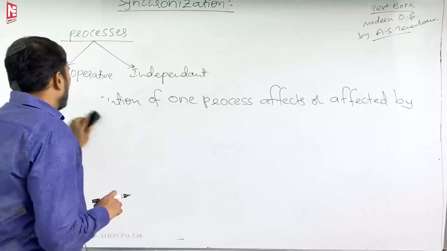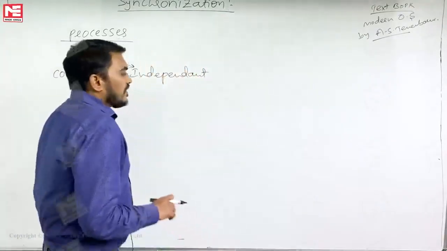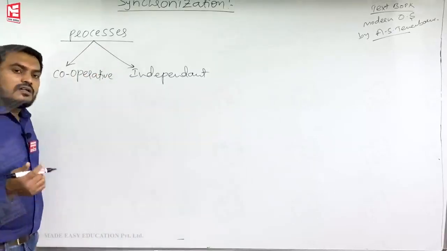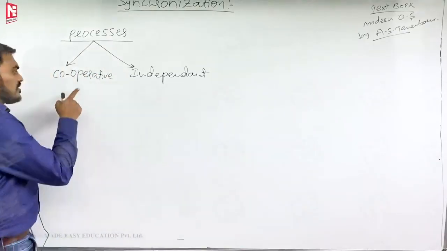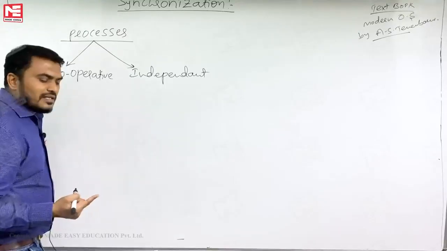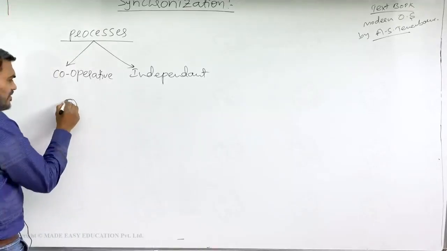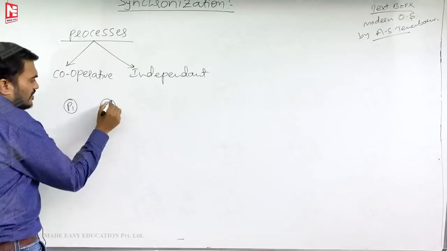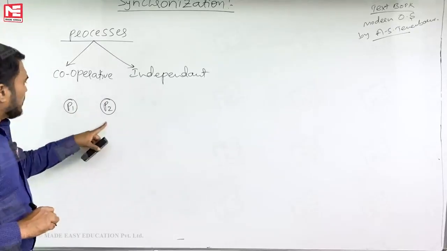Okay, that's all. Now, understand what is the meaning of that. Listen carefully, first statement. If the execution of one process affects or is affected by another process, then they are said to be cooperative processes. Let's say you have process P1 and process P2.